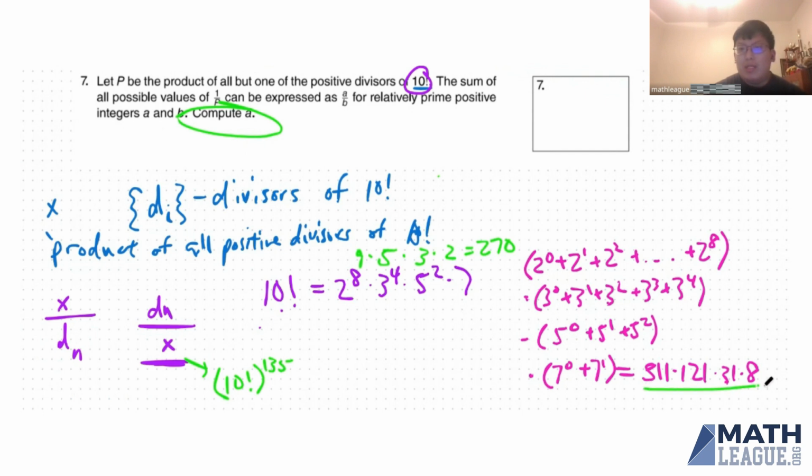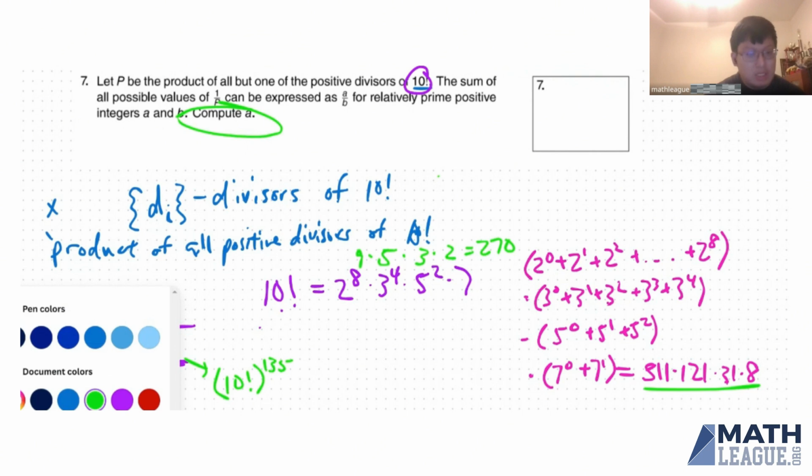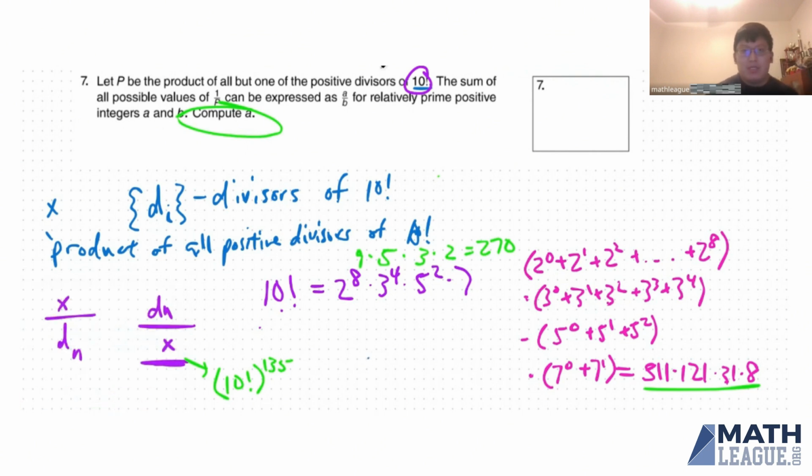Now, we know that this 511 times 121 times 31 times 8 is the numerator, but we still have to simplify it, because they need to be relatively prime positive integers. Now, we know that 10 only has 2, 3, 5, and 7 as prime factors. And we can see that 121 and 31 both only have prime factors greater than 10, so we don't have to worry about that.